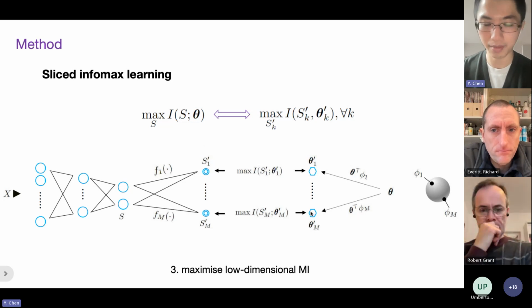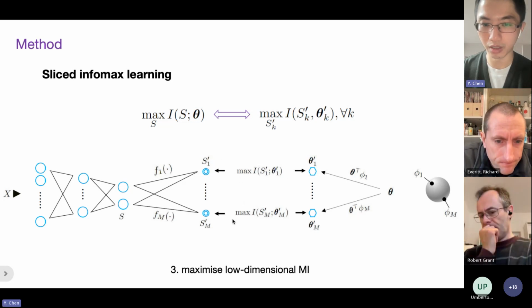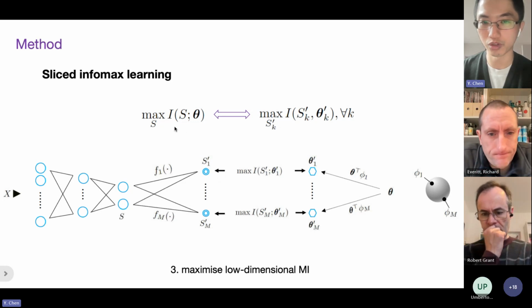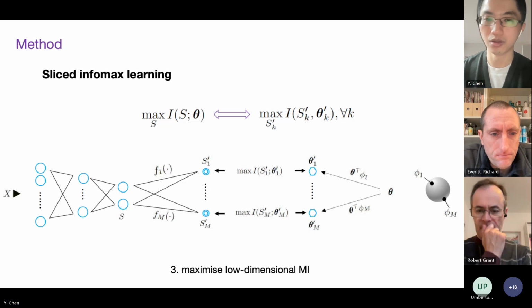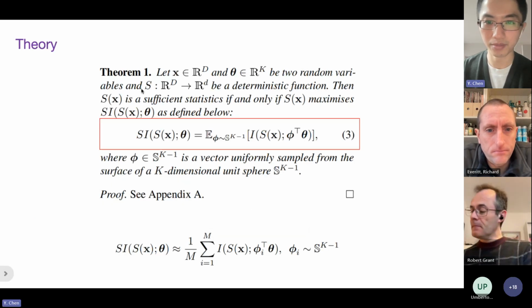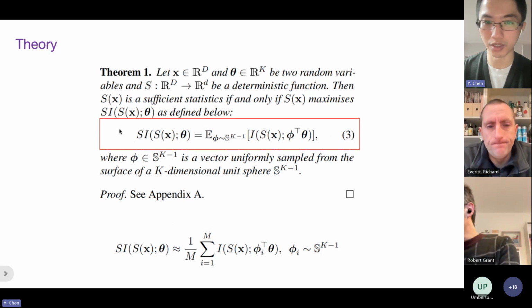It shows that if each of these small mutual informations is maximized for each of these pairs, then it is equivalent to maximizing the original mutual information, meaning that we learn sufficient statistics. This is the secret behind our method. So we have a theorem saying that if we maximize the quantity here, this will give us sufficient statistics.